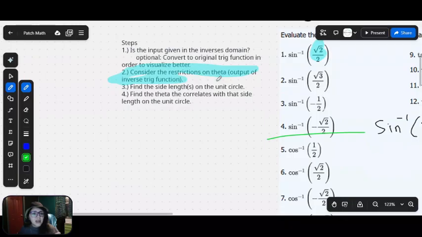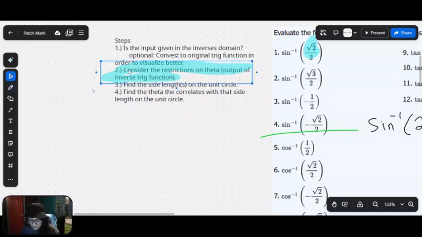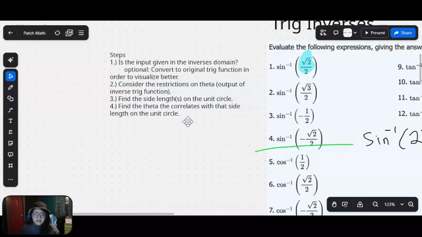Then we find the side length, if you're dealing with sine or cosine, or the ratio of side lengths, if you're dealing with tangent, on the unit circle. Then we find the theta that correlates with that side length or ratio of side lengths on the unit circle. Those are our 4 basic steps.